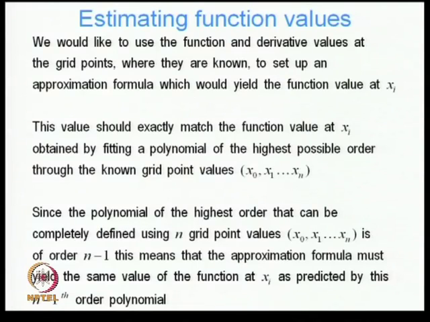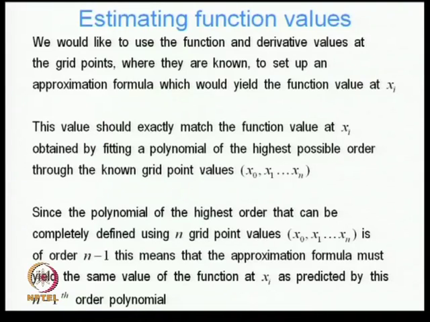Since the polynomial of highest order that can be completely defined using n grid point values, let us suppose that this is up to xn minus 1. So, x0, x1 through xn minus 1 gives a polynomial of order n minus 1.